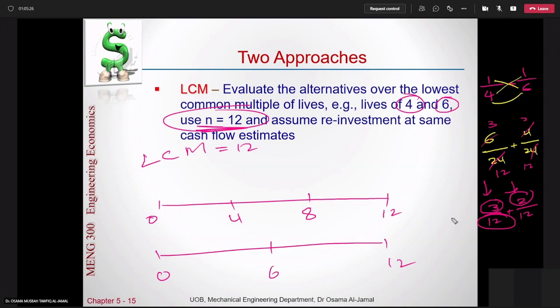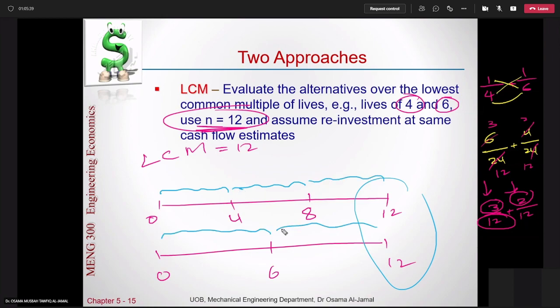Now they are of equal lives, theoretically, but we've repeated the cycle 3 times here and 2 times there, according to what we got from the LCM. This is the easiest way to tell how many cycles we are going to have. Hope that's clear, guys.